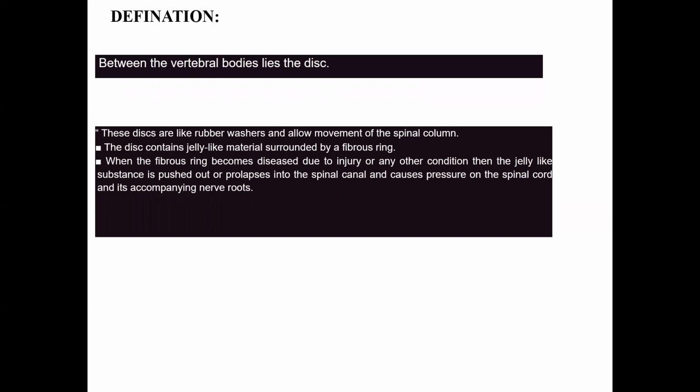When the fibrous ring becomes diseased due to injury or any other condition, the jelly-like substance is pushed out or prolapses into the spinal canal and causes pressure on the spinal cord and its accompanying nerve roots.